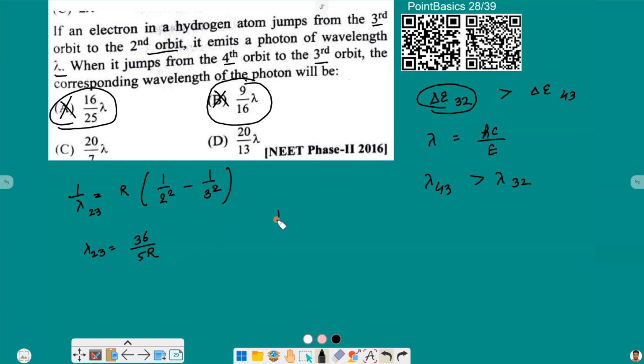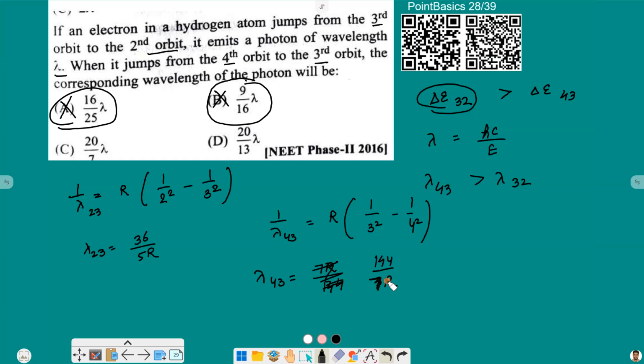And similarly, 1 by lambda 4 3 will be equal to R into 1 by 3 square minus 1 by 4 square. And from that, lambda 4 3 comes out to be 144 by 7R.